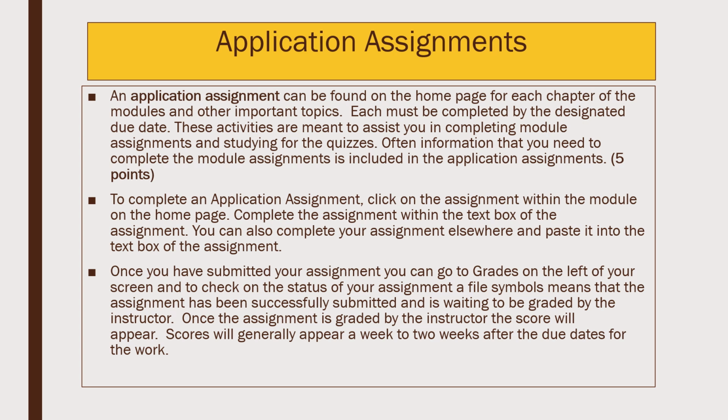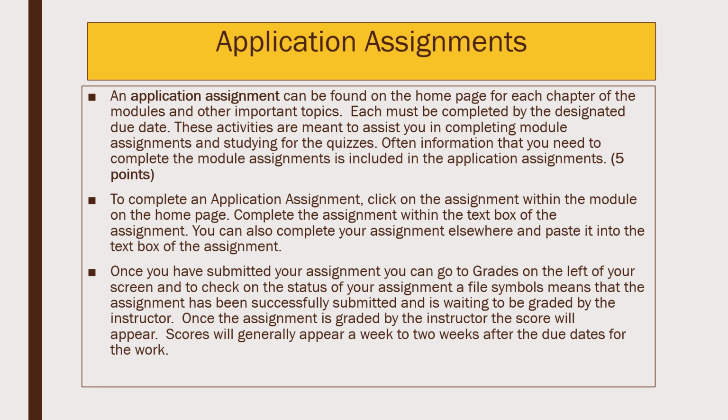Once you've submitted your assignment, you can go to grades on the left-hand side of the screen to check on the status of your assignment. A file symbol means that the assignment has been successfully submitted and is waiting to be graded. Once it's graded, the score will appear.